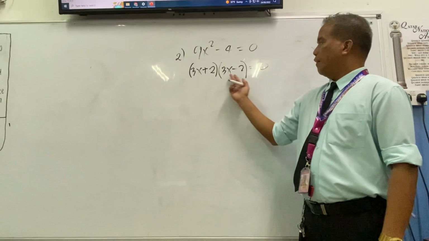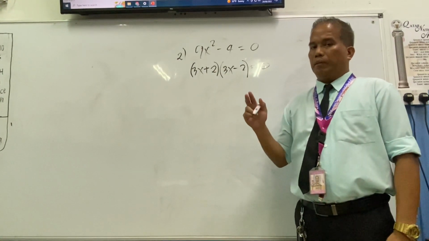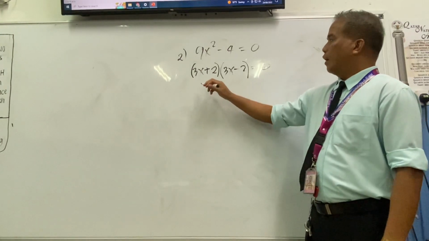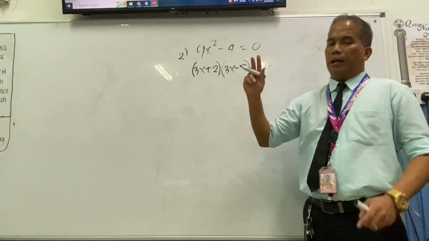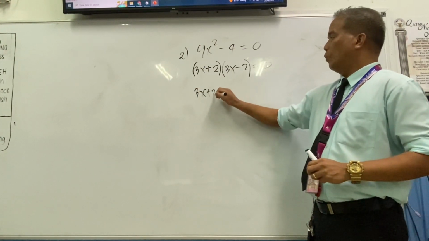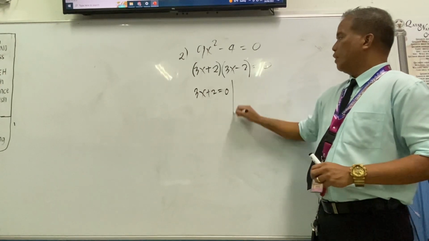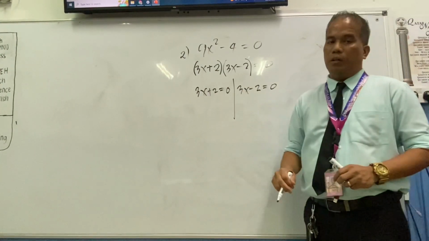So the operations we're using are positive and negative, a difference of two squares. Alright, now, since we have two factors, we will equate each to 0. So we have 3x + 2 = 0. Then we have 3x - 2 = 0.